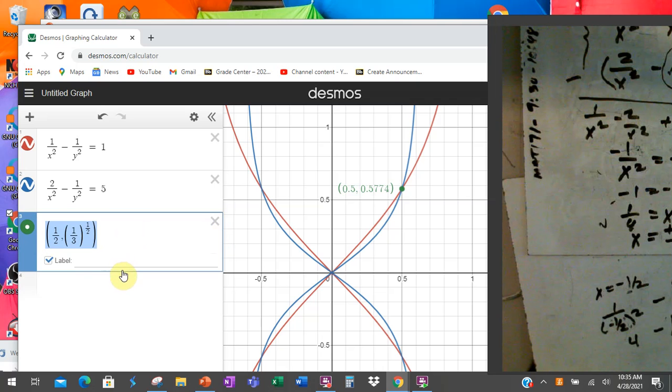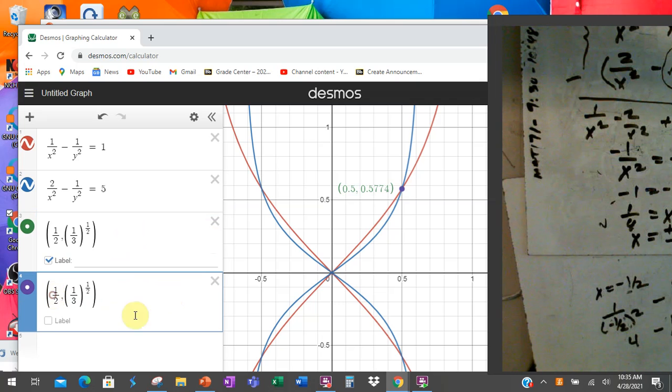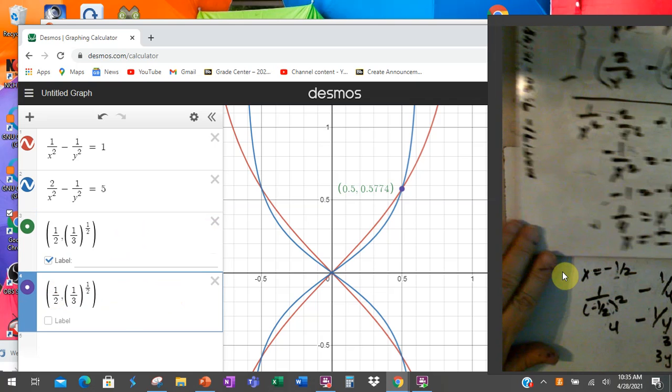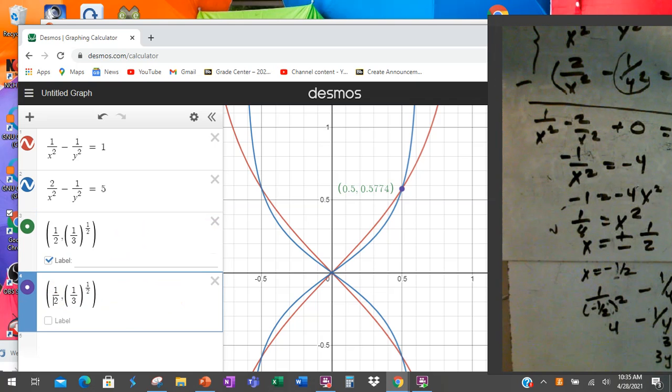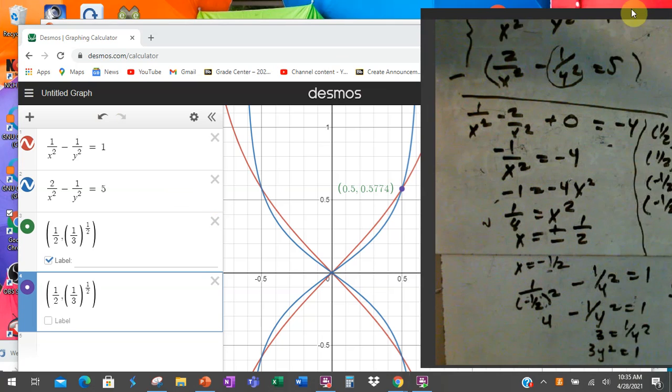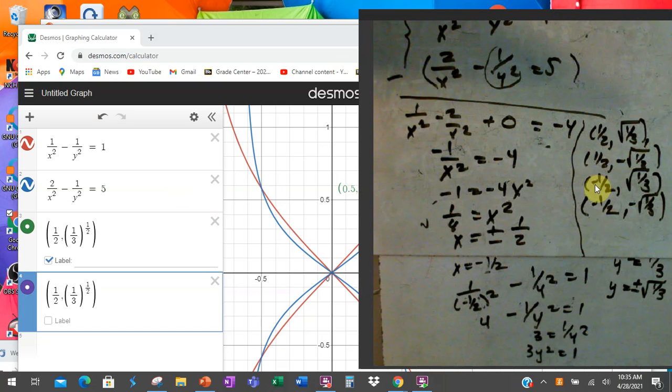Control C, add me another one. Control V, and if I go here, let me bring these back out. I've got all the variations of this. Wants to keep jumping between my screens. So then I've got the negative 1/2, so I'm just going to change this sign to negative and give me the label.